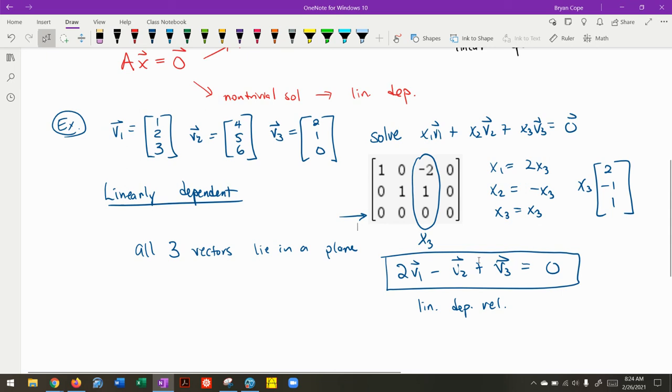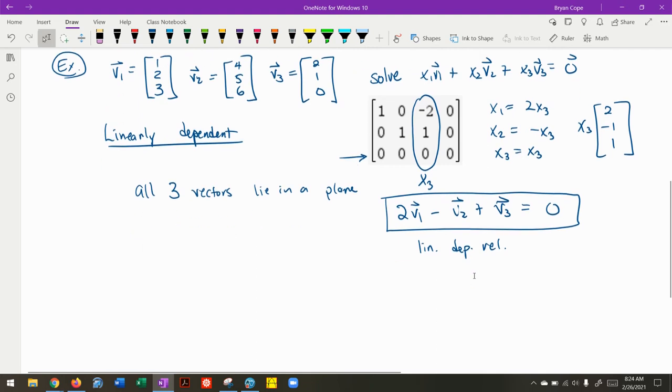Okay, so we're really studying the solution to Ax equals 0. We're really studying what we looked at back in section 1.5. Okay, let's actually make one more statement about this non-trivial solution.